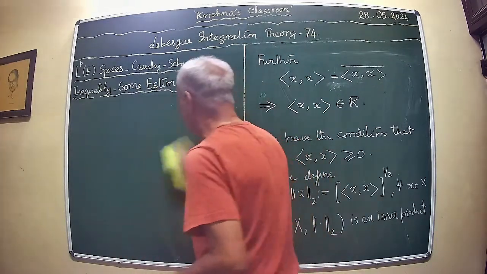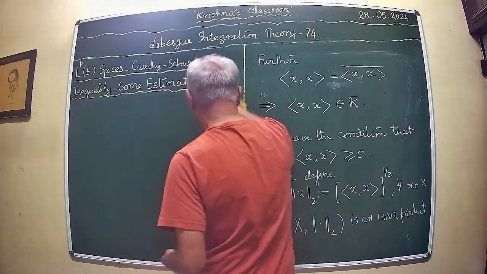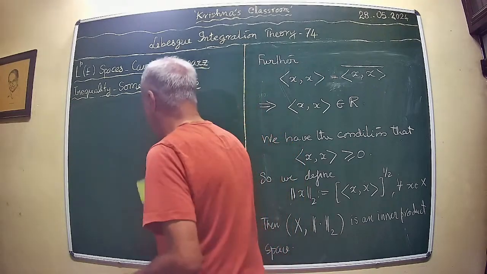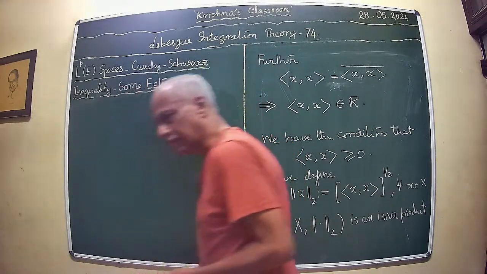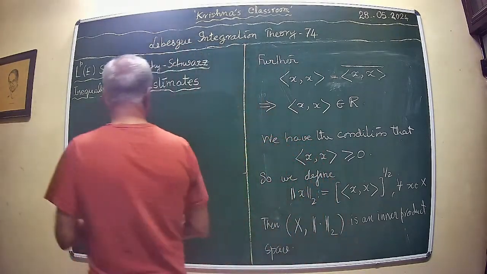You see, this is all generalization from our familiar R2 or R3 with the dot product. So let me just make a remark here.